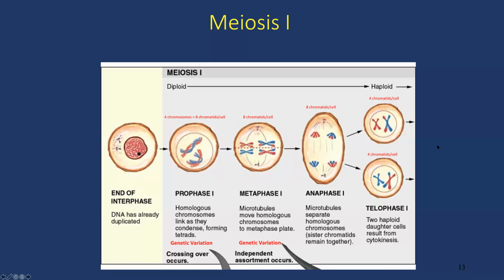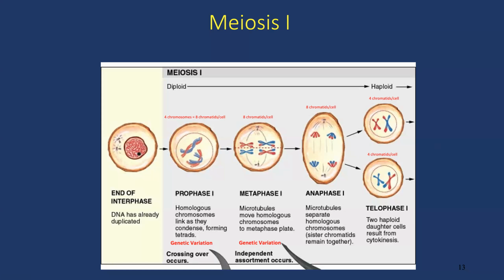And we're back to meiosis 1, the first division. What we end up with on the right side of this diagram is two cells. Each is haploid, with half the number of chromosomes as we started with on the left side. But remember, each chromosome is actually two chromatids.